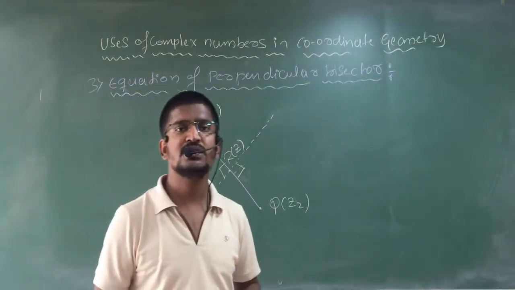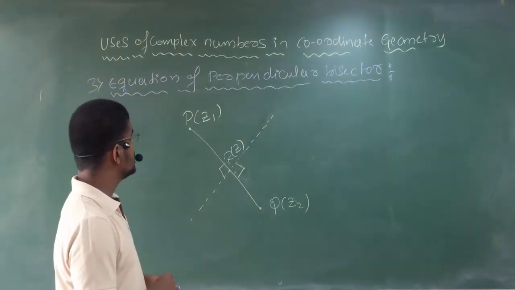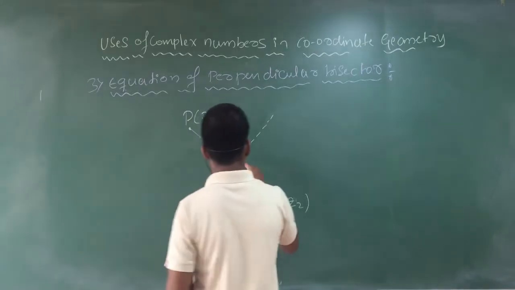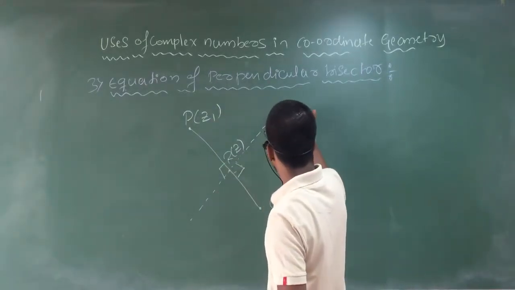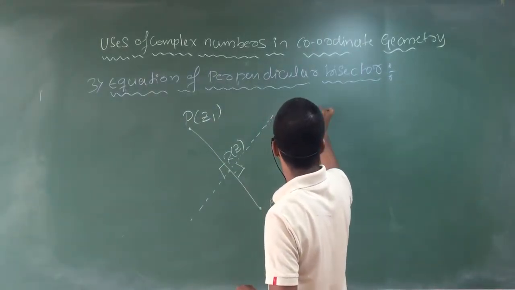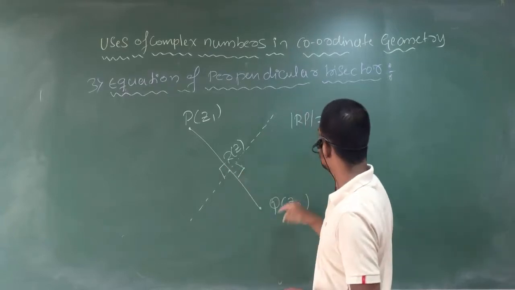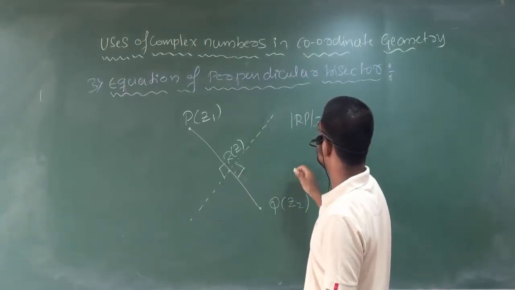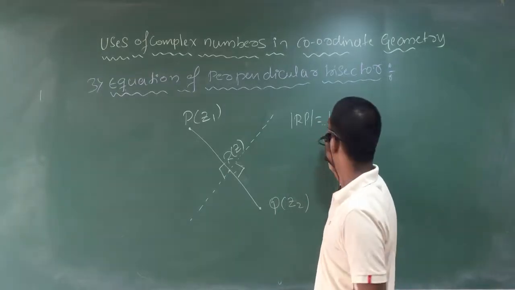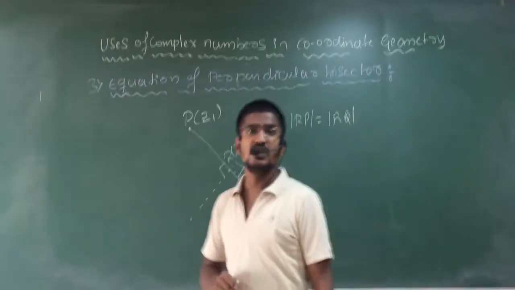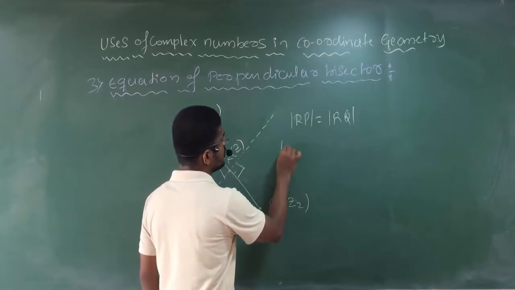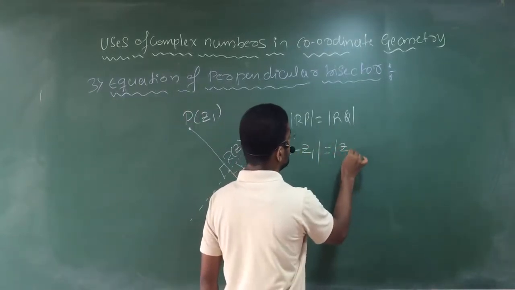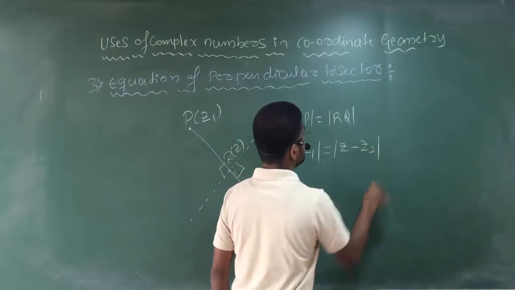Are you clear, students? So now let us derive the equation. See here, the distance RP is equal to the distance RQ, or you can write it as PR equals QR. So mod of Z minus Z1 equals mod of Z minus Z2.